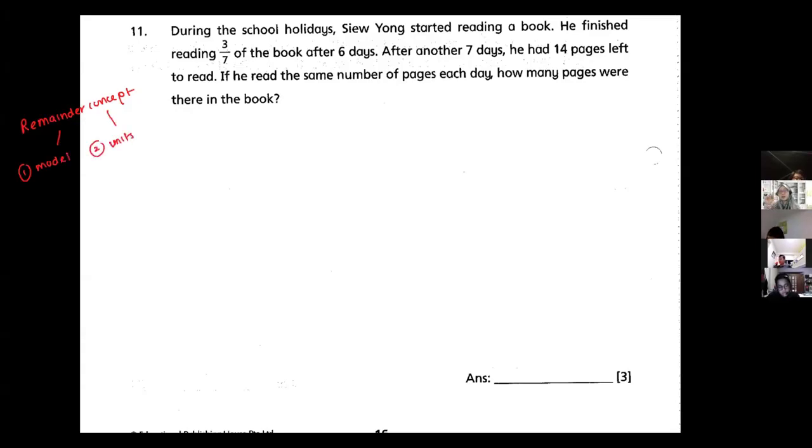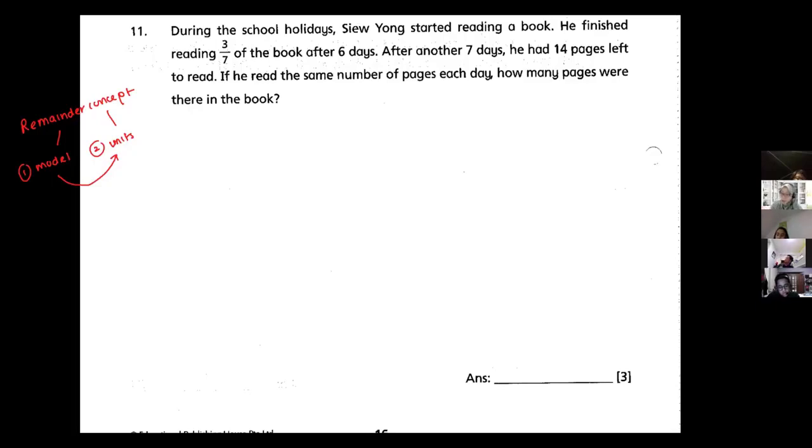If you are using the model method, please take note that you will end up using the units in the end to solve. If you are quite stable with your units method and you can visualize without drawing the model, straight away jump to the units method. But if you can't visualize, go ahead and use your model.